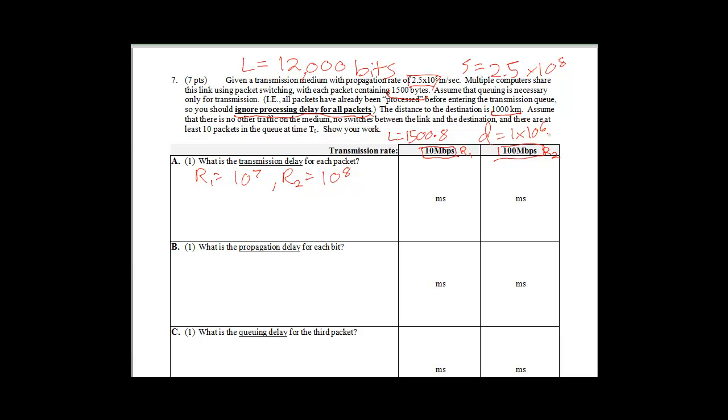So what is the transmission delay for each packet? Well, transmission delay is L over R. So for the first one, it's L over R1. So we have 1.2 times 10 to the 4th over 10 to the 7th gives us 1.2 times 10 to the minus 3. That's 1.2 milliseconds.